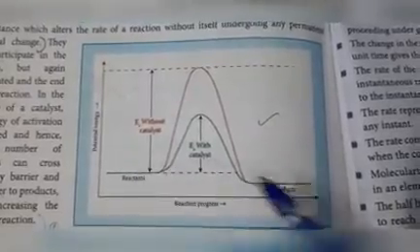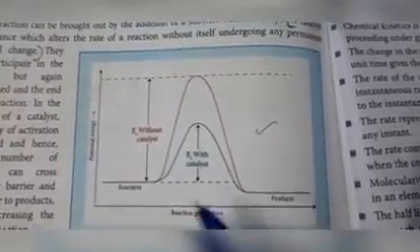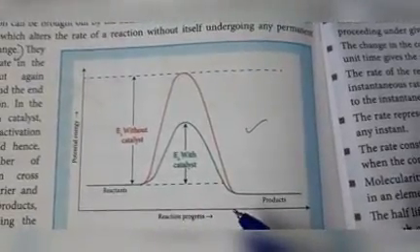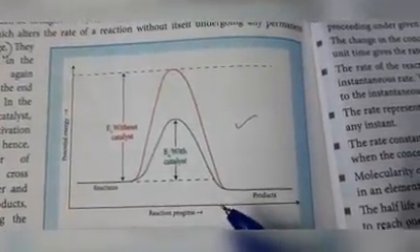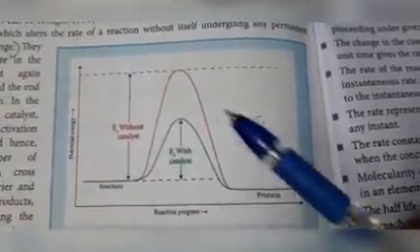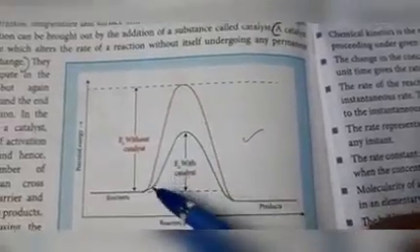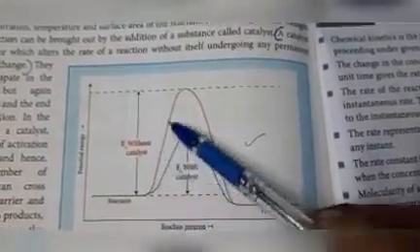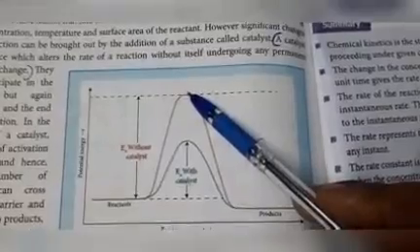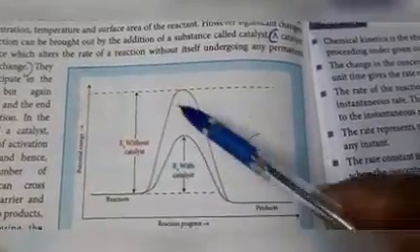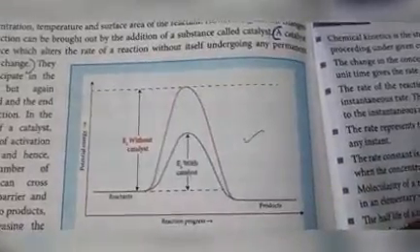The energy of reactant and energy of product are both low. If energy is less, it is stable. If reactant is converted to product, the reactants react and intermediates are formed, and that intermediate is converted into product. So this is the energy of the intermediate.